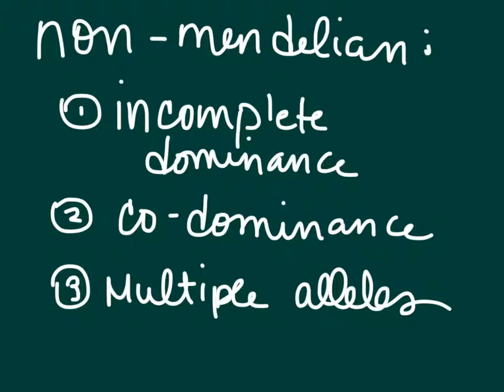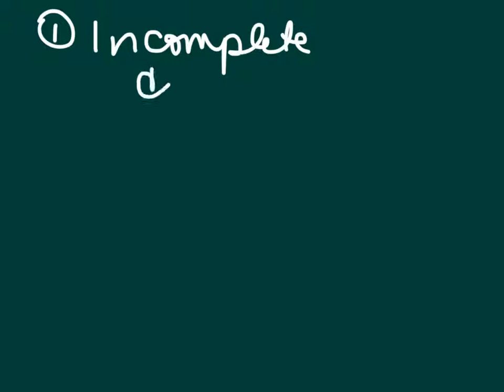In incomplete dominance, so the first one, we have two different choices for alleles still.